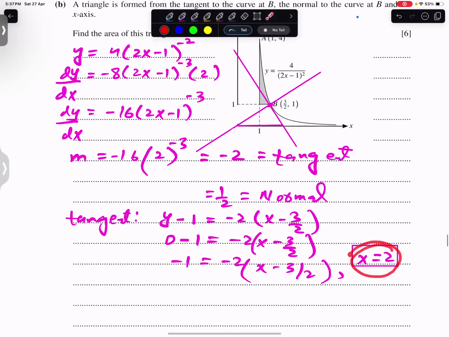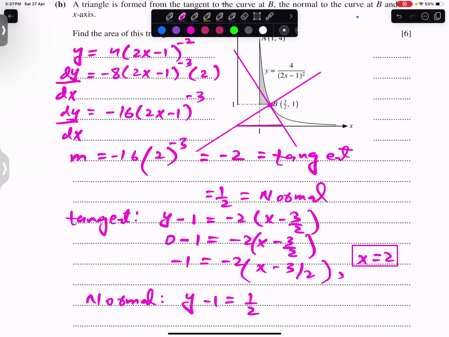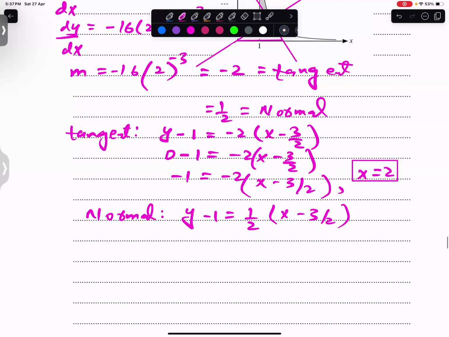And where is this value of x, Ahmed? It is lying here, can you see it? This is the value of x. Now I am interested in this other value of x, what will it be? So how do I find that? First, I will find the normal. So y minus 1 equals, the equation of the normal was 1/2 (x minus 3/2). Again, do not solve it, put y = 0.